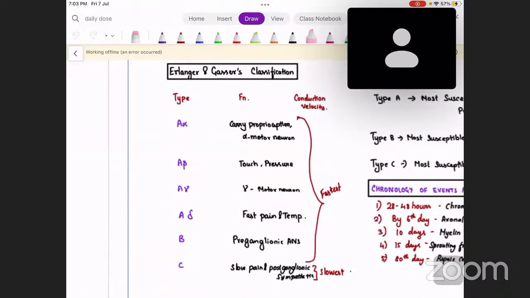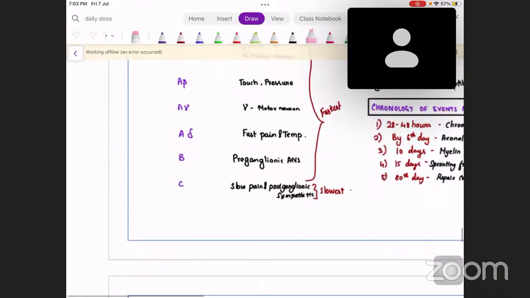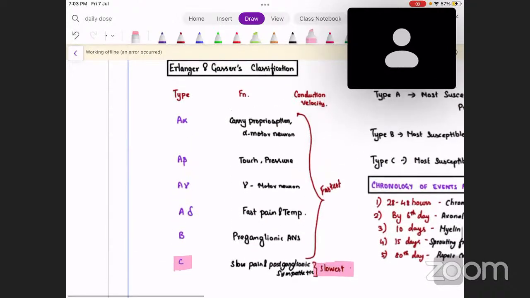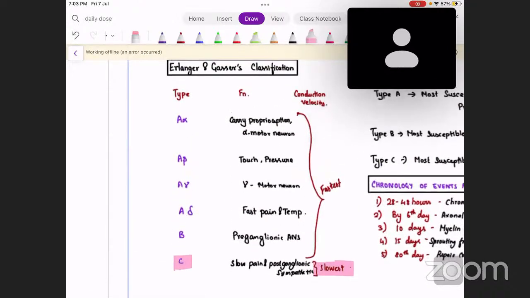The very important thing to remember is the slowest type is type C. The one which carries proprioception is A alpha, alpha motor neuron is A alpha, gamma motor neuron is A gamma, and fast pain and temperature is A delta.